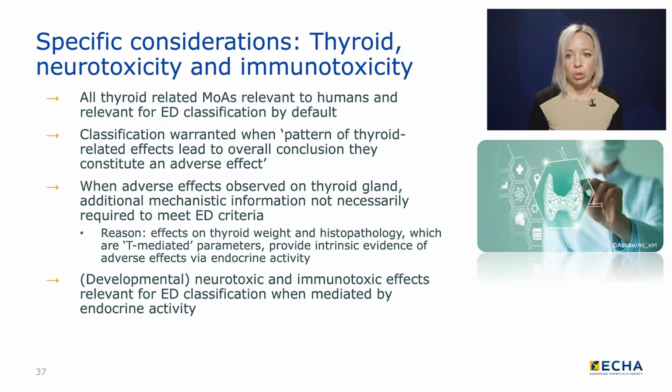On thyroid, all modes of action are considered relevant to humans by default, and for thyroid, there is not necessarily a need to have specific activity data when the effects on thyroid weight and histopathology are seen, since they are ED-mediated effects and the activity can be inferred from this adversity.